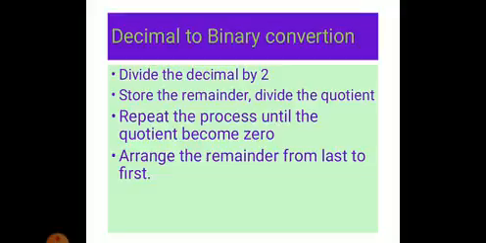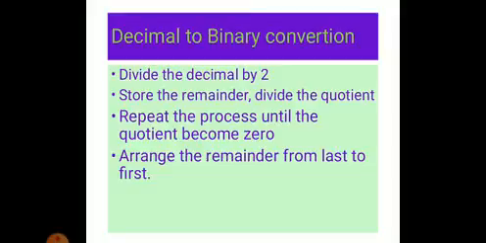Why should we divide the given decimal number by 2? Why can't we divide by 8 or 16? Can you guess it? Yes, because we are going to convert decimal to binary only, not decimal to octal or decimal to hexadecimal. So we have to divide the given decimal number by 2.